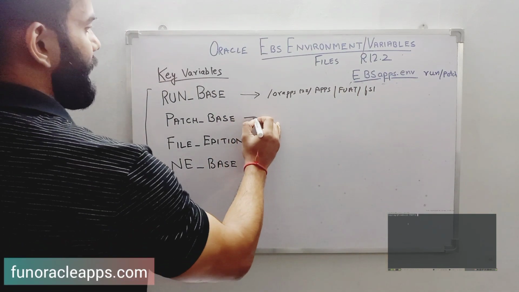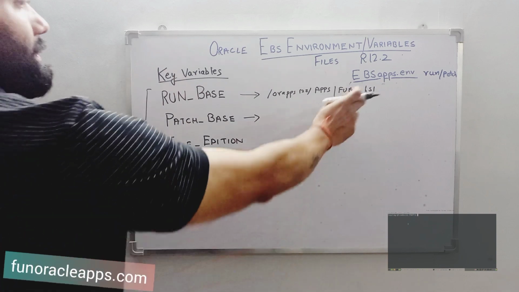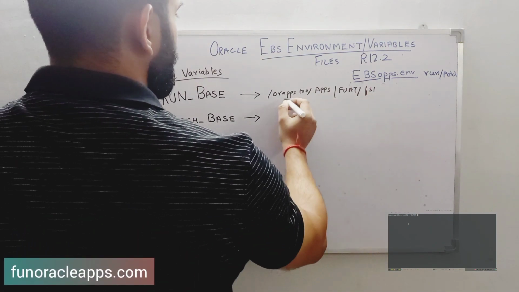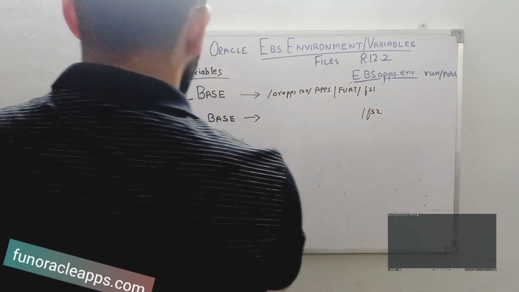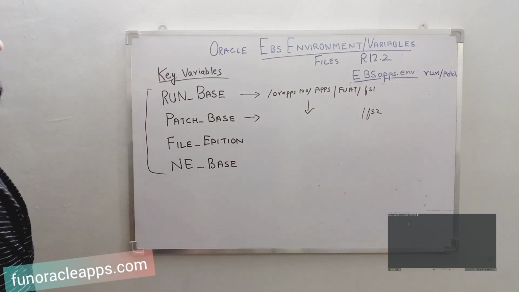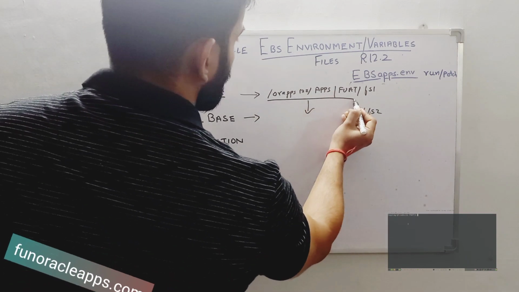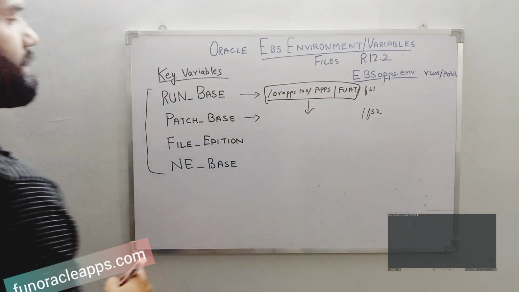Same way, PATCH_BASE is the base location of the other file system other than your FS1, so that would be your FS2. So this will remain the same, only thing here would be FS2 if my FS2 is my patch file system. These values will be the same, the path, because this is my base location where the EBS installation was done, and then you have the file systems FS1, FS2.